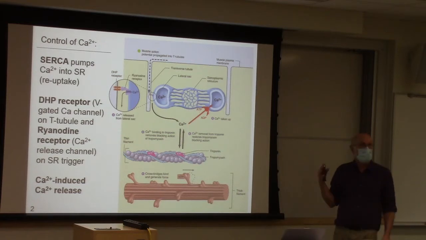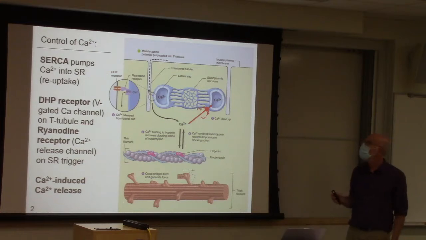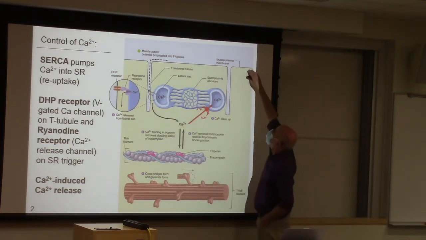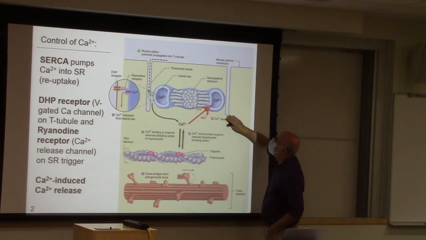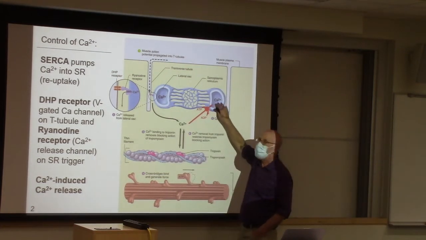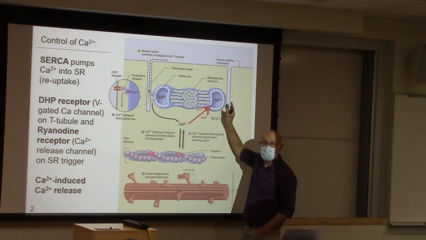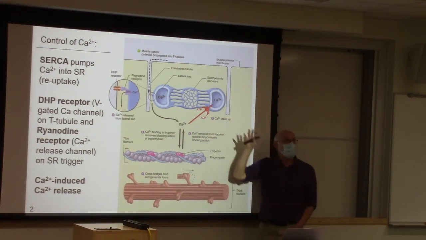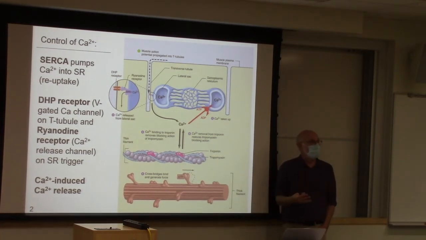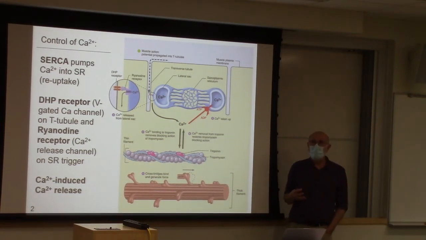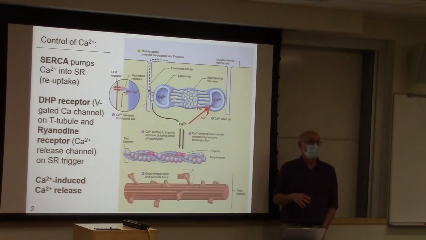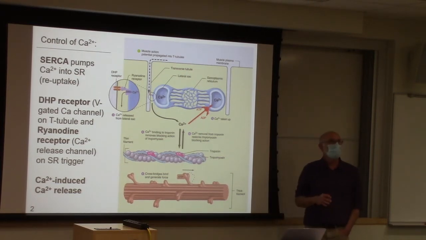So this is a slide with skeletal muscle in mind. So let's get oriented. Here's the surface membrane, T-tubule, sarcoplasmic reticulum. Sarcoplasmic reticulum is a specialized endoplasmic reticulum. It's a specialized smooth ER that is specialized for muscle, and that's where the sarco comes from. If you see the prefix sarco on something, it almost always refers to muscle.